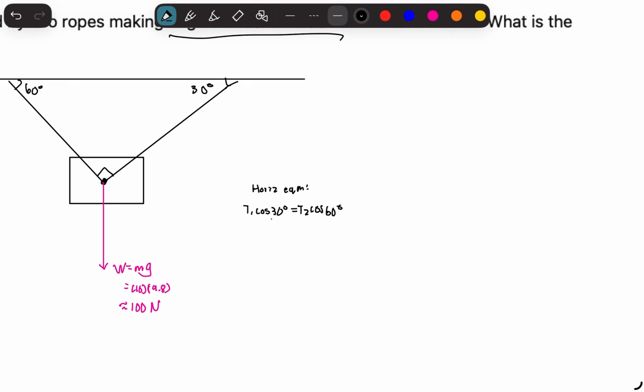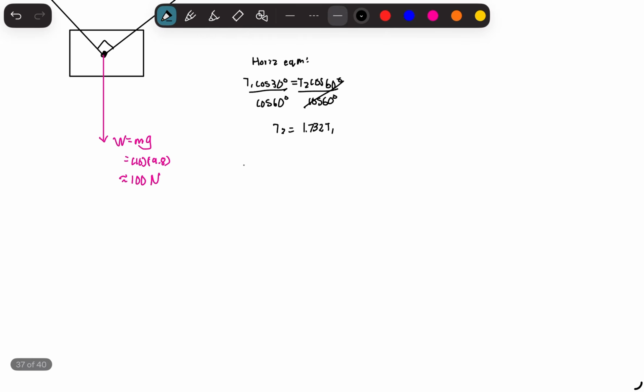So this is going to be divided by cosine of 60 degrees. So T2 is equal to 1.732 T1. Now you also have vertical equilibrium. This is T1 sine 30 degrees plus T2 sine 60 degrees is equal to mg.